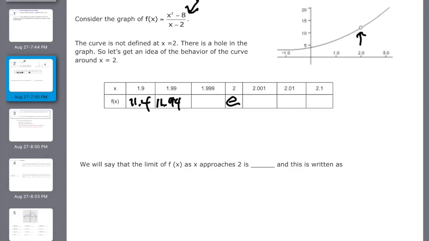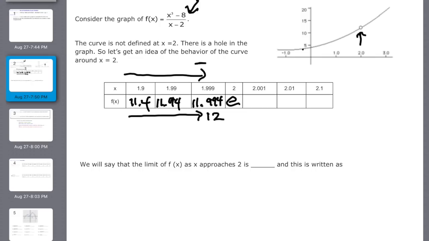And then of course 1.999, plugging in, I get 11.994. Okay. So as we get closer to that 2 from the left side, we call that the negative side, our actual y value gets close to about 12. We don't know that for sure, but we can see the habits in the number from 11.4 to 11.94 to 11.994.